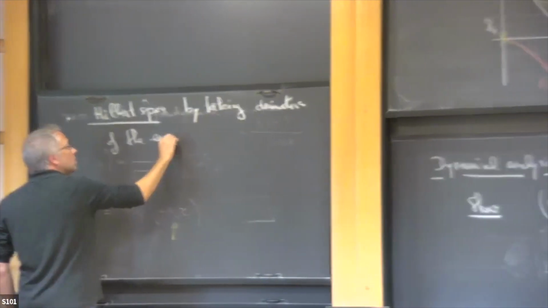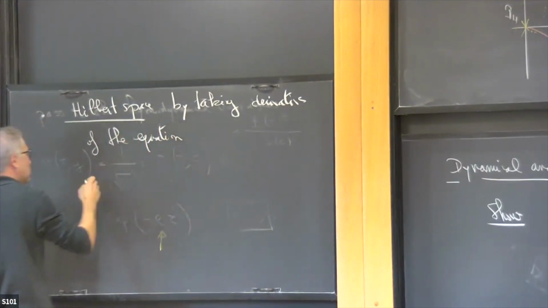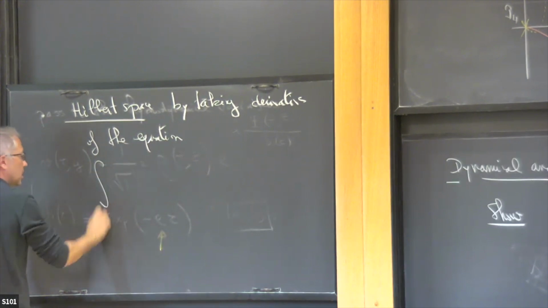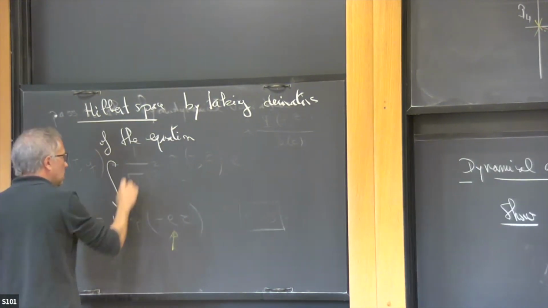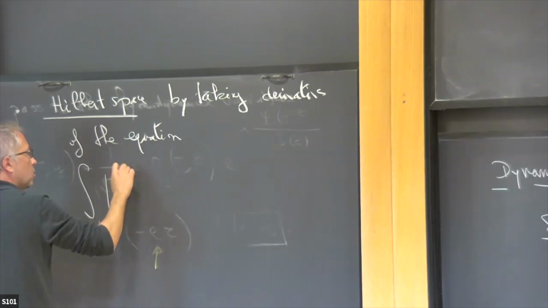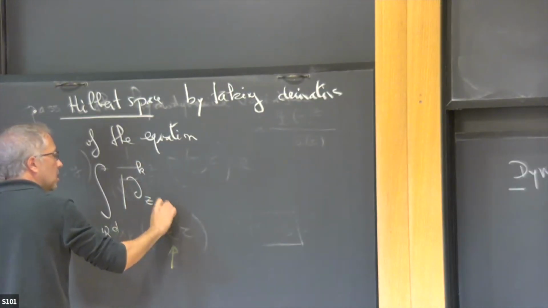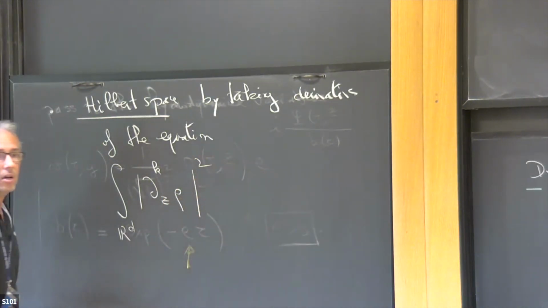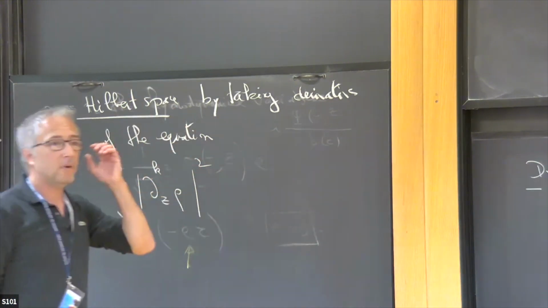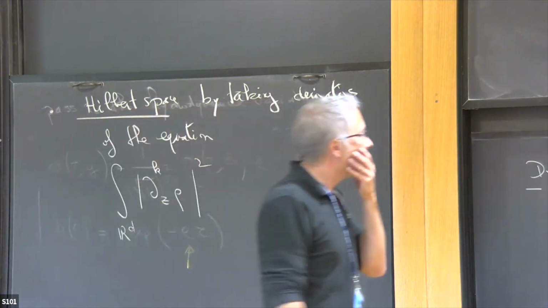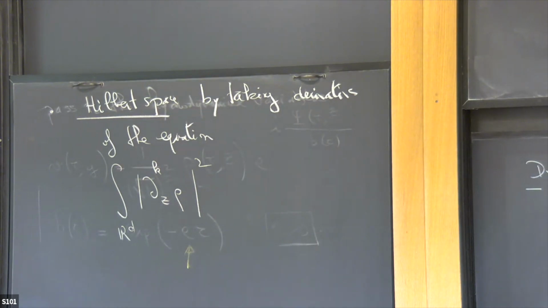So you want to do something very simple. Roughly speaking, you want to take, say, K derivatives in z of the density, and something similar for the velocity.